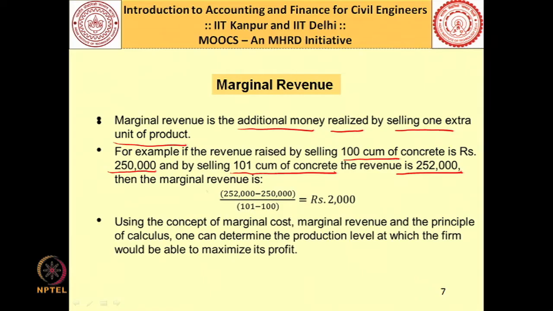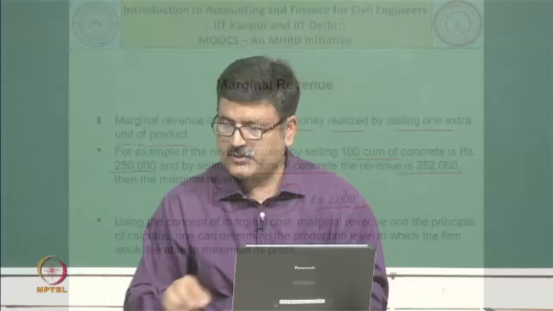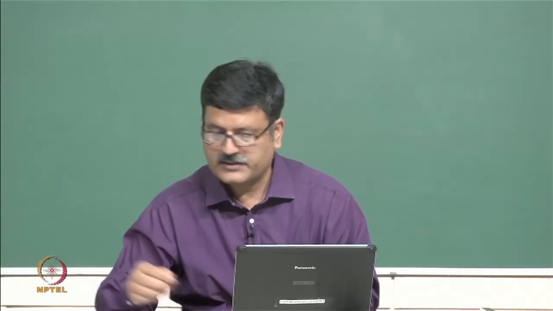So, what is your marginal revenue? Your marginal revenue becomes 252,000 minus 250,000 divided by 101 minus 100. When you were selling 100 you were getting 250,000, when you were selling 101 you were getting 252,000. So, what is your marginal revenue? It is 2,000 rupees. Basically, this is how you define marginal revenue and marginal cost.